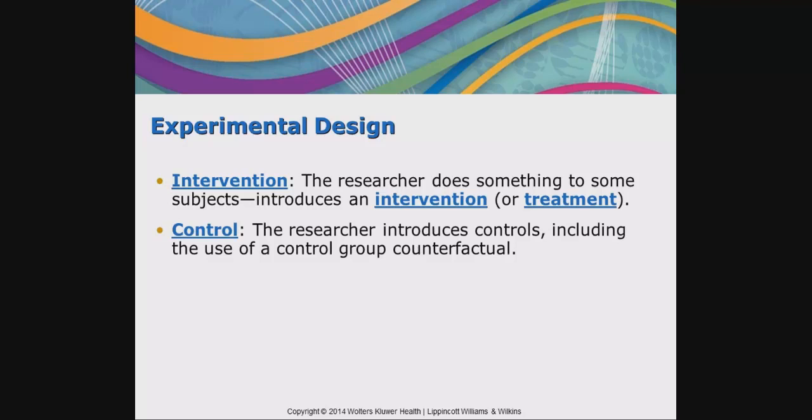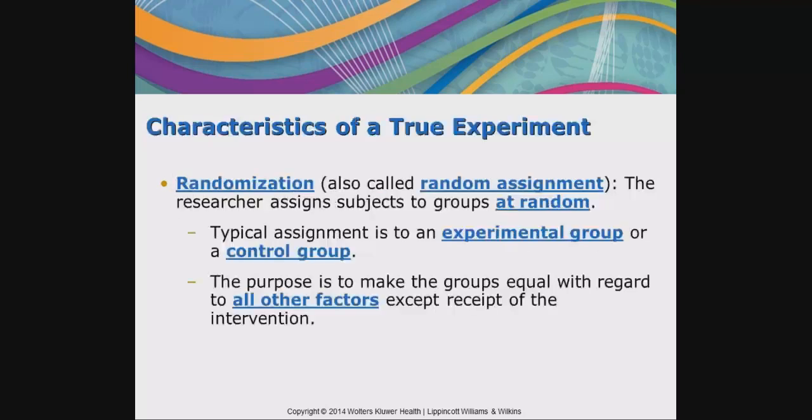For example, that pre-op teaching goes to an experimental group where the control group gets the usual or routine education. So the researcher will control the duration, the timing, the content, and the teacher of each of these sessions. So you see how this plays out? I'm so excited. It's cool.